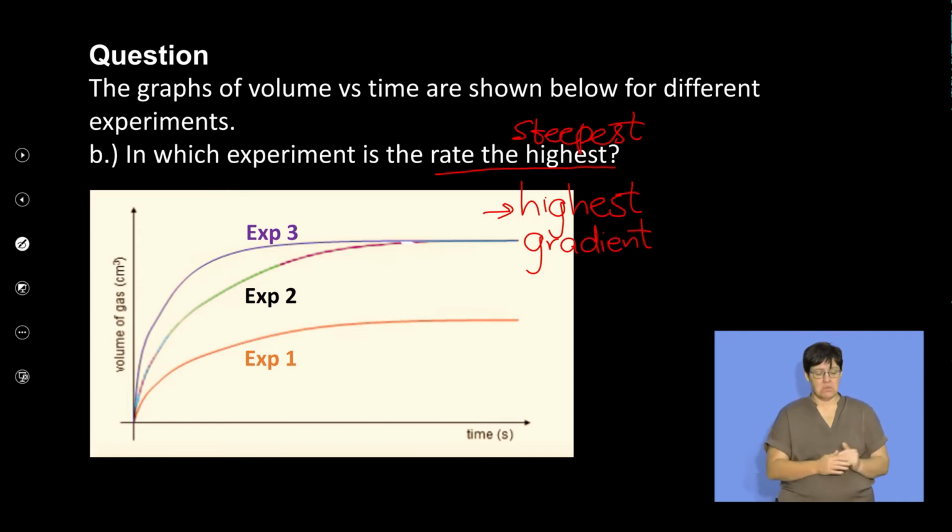And if it's not so steep, you know that the rate is declining. If we look at experiment 3, 2 and 1, the one with the highest rate is the one with the steeper start. So I would say experiment 3 is the one with the highest rate.